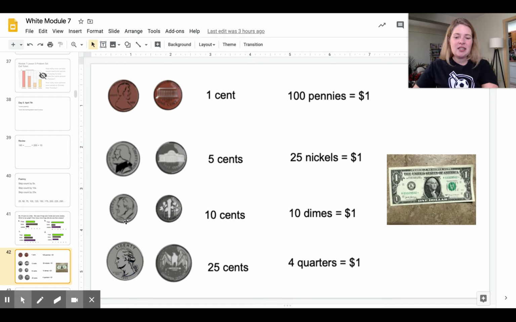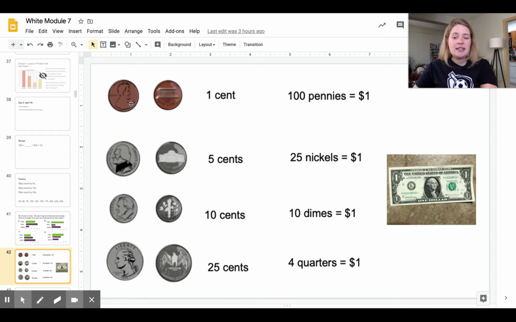A dime equals 10 cents. So 10 dimes equals $1. And a quarter equals 25 cents. So 4 quarters equals $1. You can always come back to this screen, and you also have a similar looking anchor chart in your work packet that will help you solve these problems as we go forward.